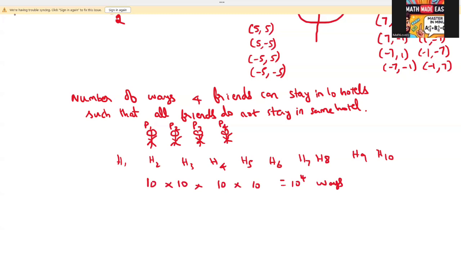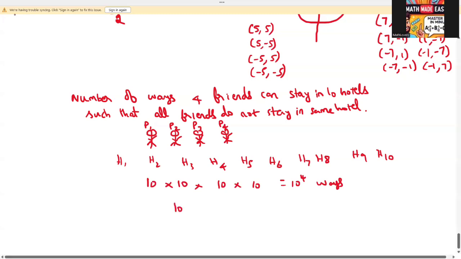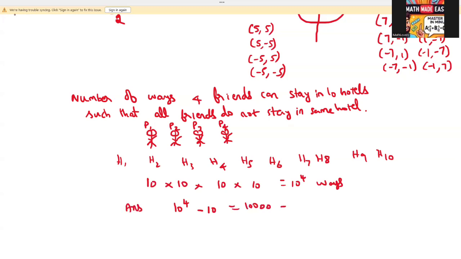Similarly, if all of them had gone to hotel 2, that's also a wrong way. So like that, there will be 10 wrong ways. We need to remove the 10 wrong ways from the total number of ways. So from 10 power 4, which is 10,000, minus 10, it will be 9,990 ways.